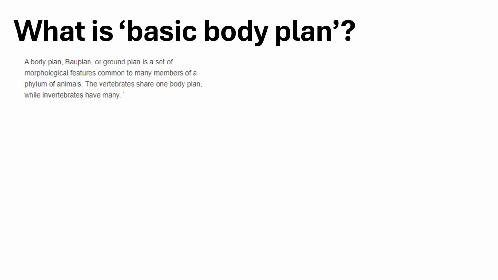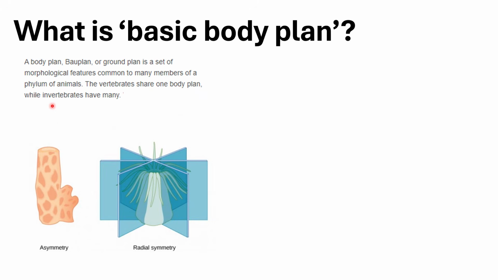Okay, so what's the basic body plan? So technically, it is the plan or set of morphological features that is common to many members of animals. And in our case, especially us veterinarians, our focus is usually just for the vertebrates. Of course, for the invertebrates, that's for the biologists, okay? But for us, usually, we would be dealing with the vertebrates, okay?